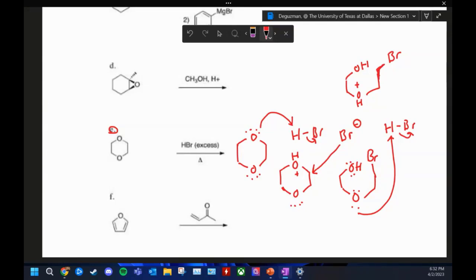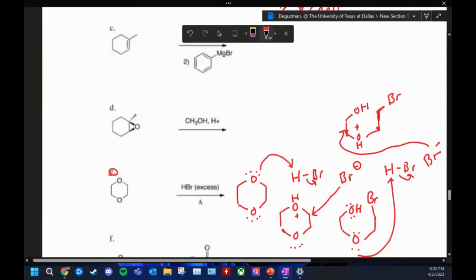Okay. Now it looks like we made another leaving group. So that Br that we just made can do another nucleophilic attack, either over here or over here. But let's go over here this time.